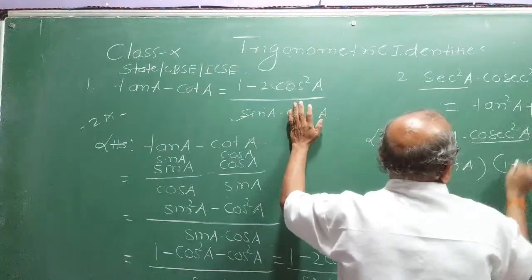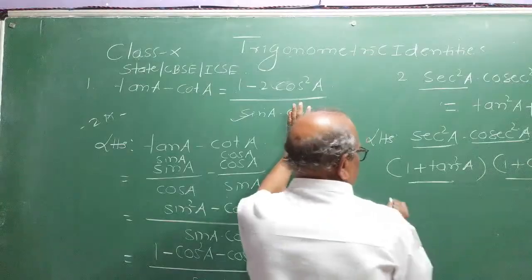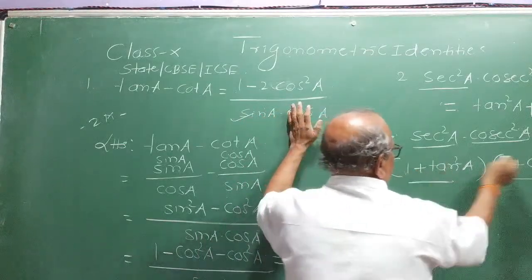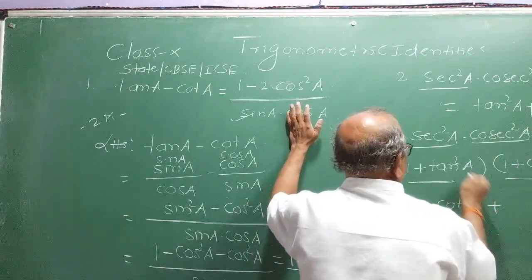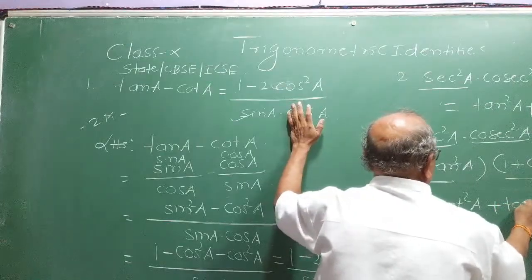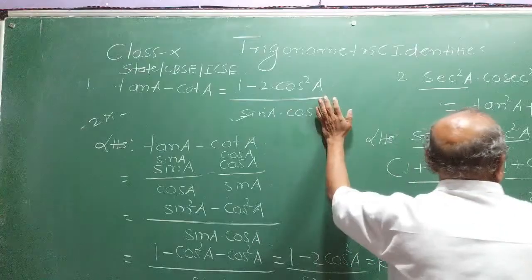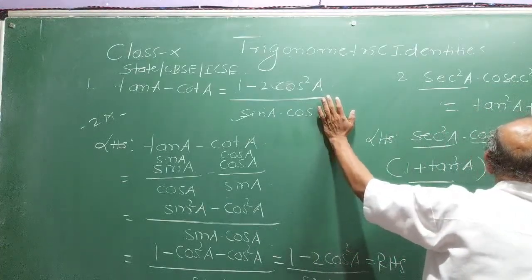Multiply the factors: 1 into 1 is 1, plus 1 into cot square A is cot square A, plus tan square A into 1 is tan square A, plus tan square A into cot square A.